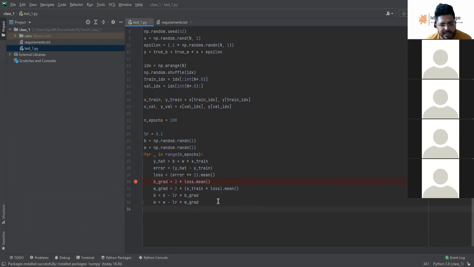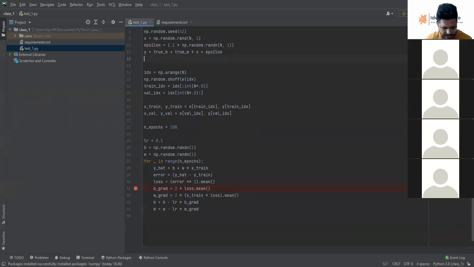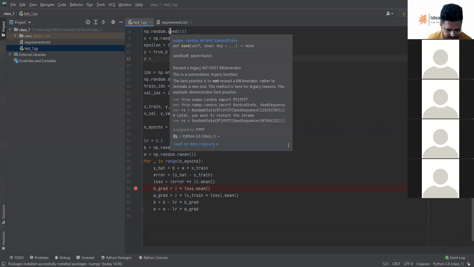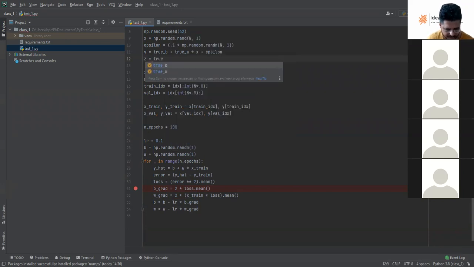So who can say, if there were 2 layers, suppose this equation's output was here, like z is equal to b2 plus w2 into y plus epsilon 2.